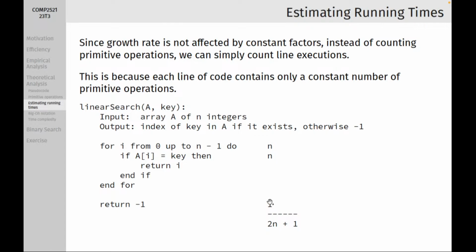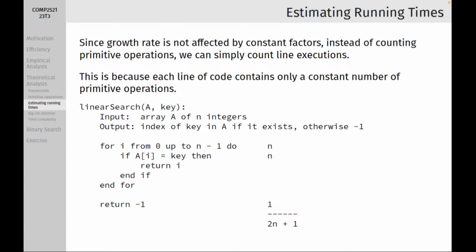So 2n plus 1. Now, if there are at most 3 primitive operations on each line, then there are at most 6n plus 3 primitive operations overall, in the worst case. I'm just multiplying the number of line executions by the maximum possible number of primitive operations on a line. 2n plus 1 and 6n plus 3 differ by a constant factor, so the growth rate wouldn't be affected.